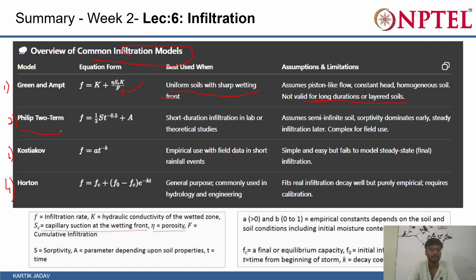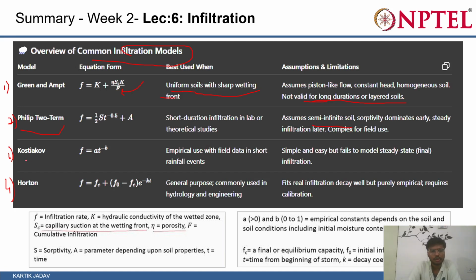While the Philip two-term equation is generally used for short duration infiltration in lab or theoretical studies, and it assumes semi-infinite soil, and it also says that sorptivity, that is basically sorption of water, is dominant in the early stage, and it gets steady over time. And whenever you have a complex field, in that case also the Philip two-term model is very important.